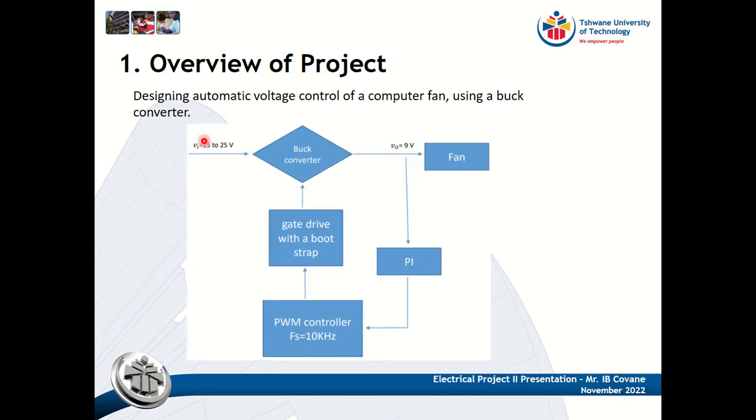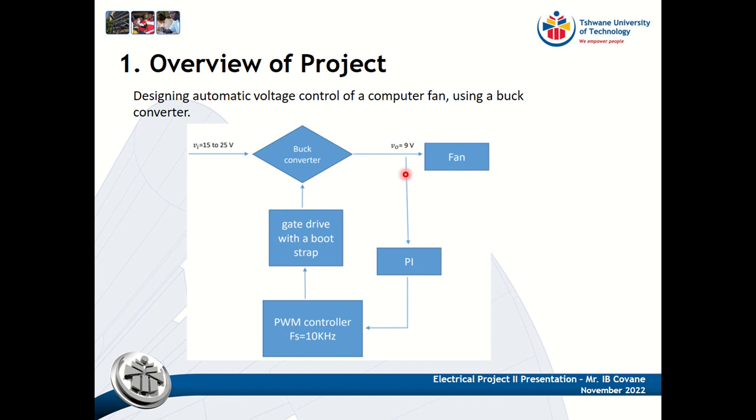So now let's look at the overview of this entire project. What's needed is a constant output voltage of 9 volts at the output of a buck converter. I'll be using a variable input voltage that will be varying between 15 to 25 volts, but we need the constant output at the end of the buck converter.